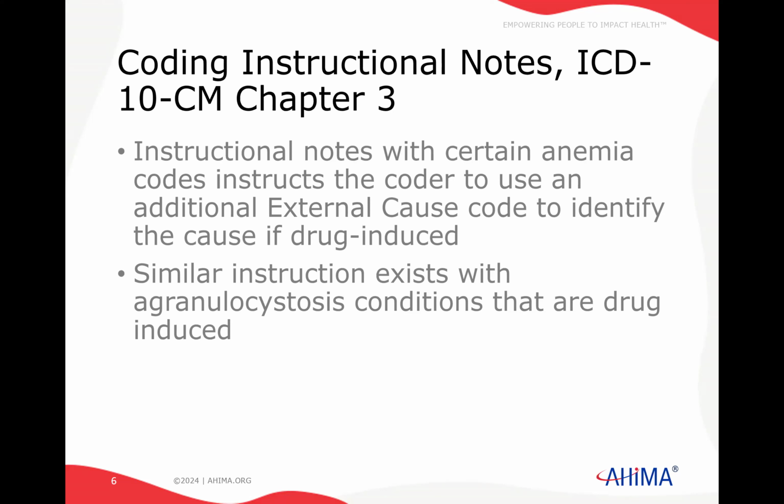In other words, if you're having coagulation effects due to a medication, you would use that additional code to indicate that. And there's similar instructions for agranulocytosis conditions that are drug induced. So just because somebody has a disease of the blood disorder, if it's caused by a medication, we want to make sure that we capture that.